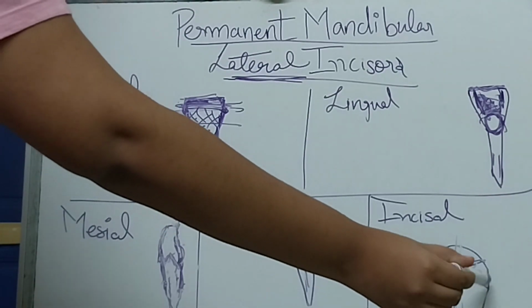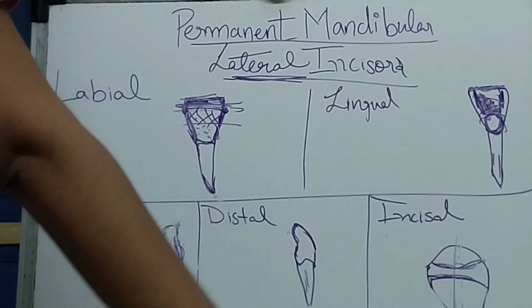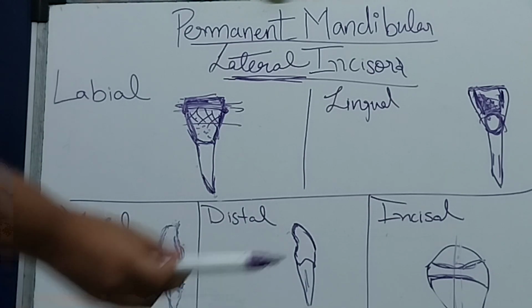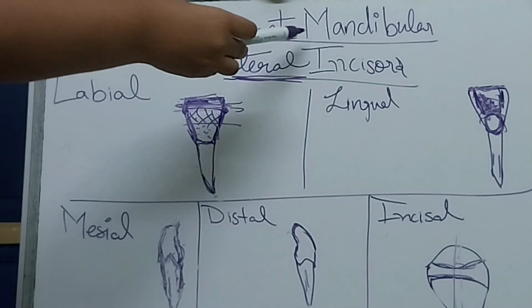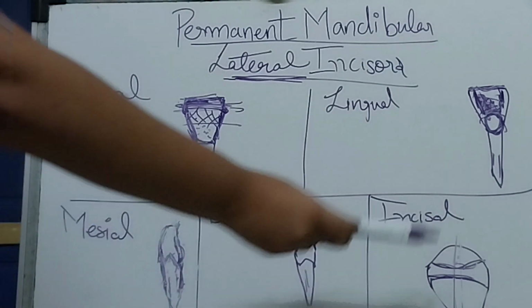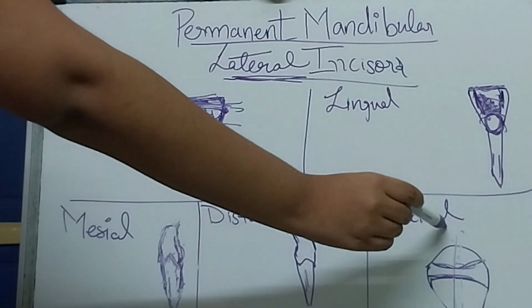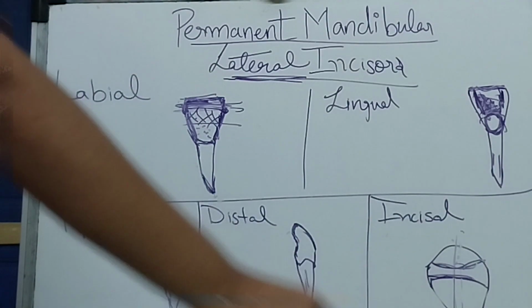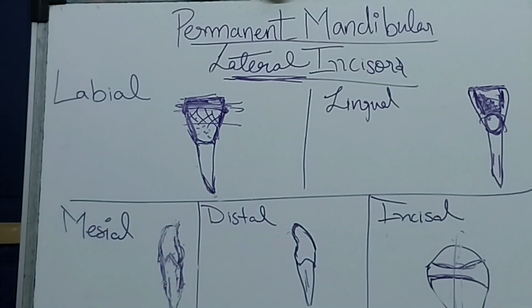In the mandibular central incisor, we saw that it was a proper 90 degrees. The labiolingual line that bisects the crown was perpendicular to the incisal edge, but in the lateral one it is not so.